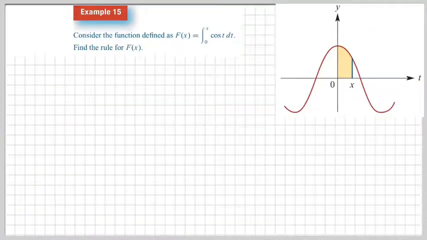Consider the function defined as capital F of x, the integral of cos t dt from 0 to, note that, from 0 to x. Now this is the first of a few of these which I'm going to show you in successive screens here.